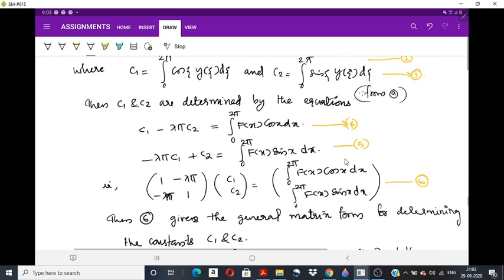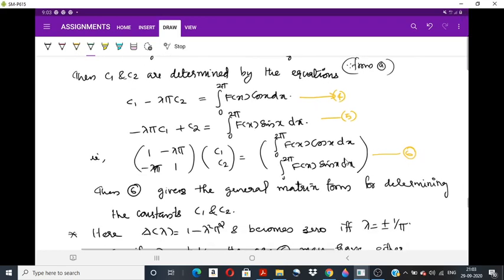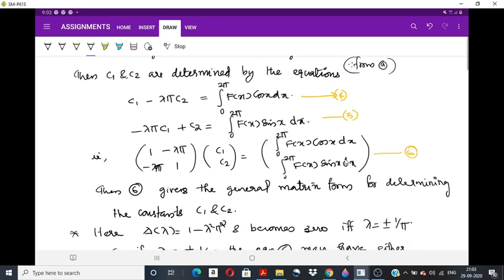Then the corresponding system of equations will be reduced as 6, that is 1 minus lambda pi, 1 minus lambda pi, then minus lambda pi, 1 into matrix C1 C2 equal to the right side matrix, integral 0 to 2 pi f of x into cos x dx, and integral 0 to 2 pi f of x into sin x dx. So this will be the matrix form.